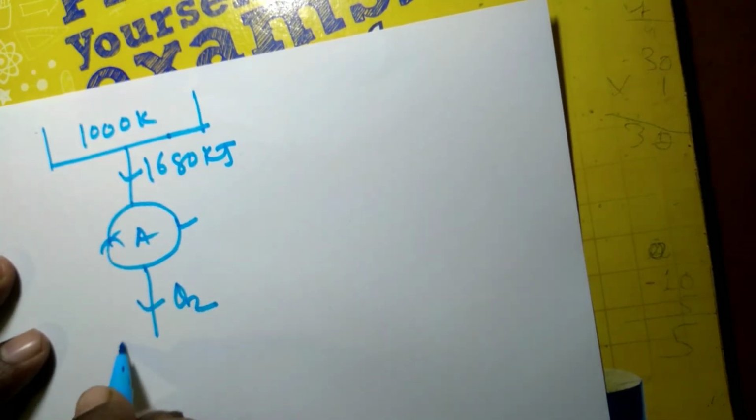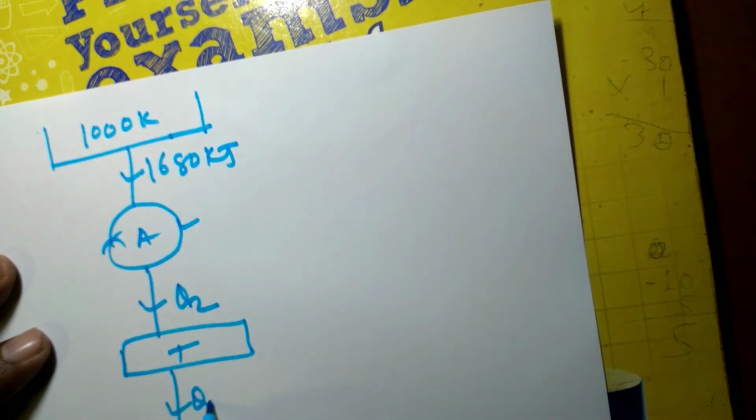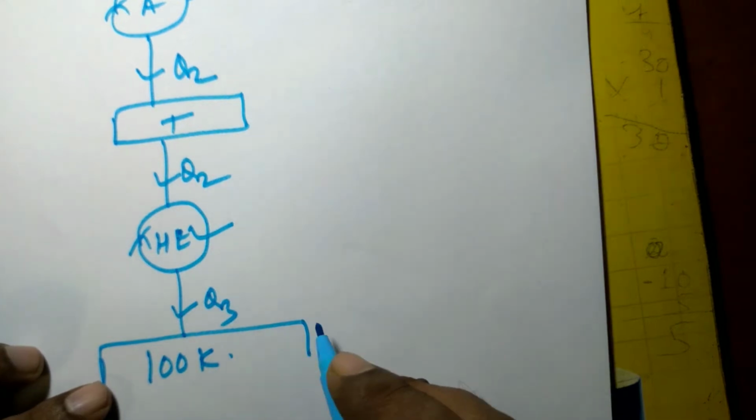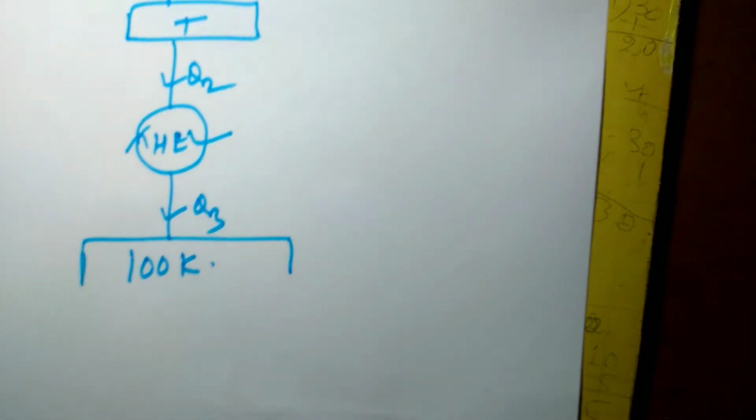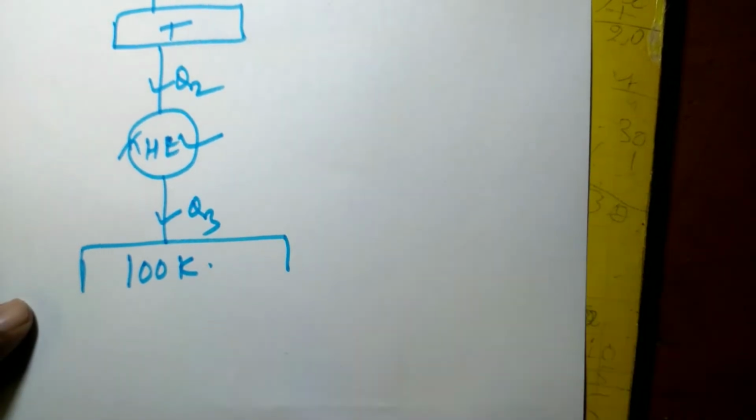Suppose this is Q2. So the first bit is, if the engines A and B deliver equal work, determine the amount of heat taken in by the engine B.